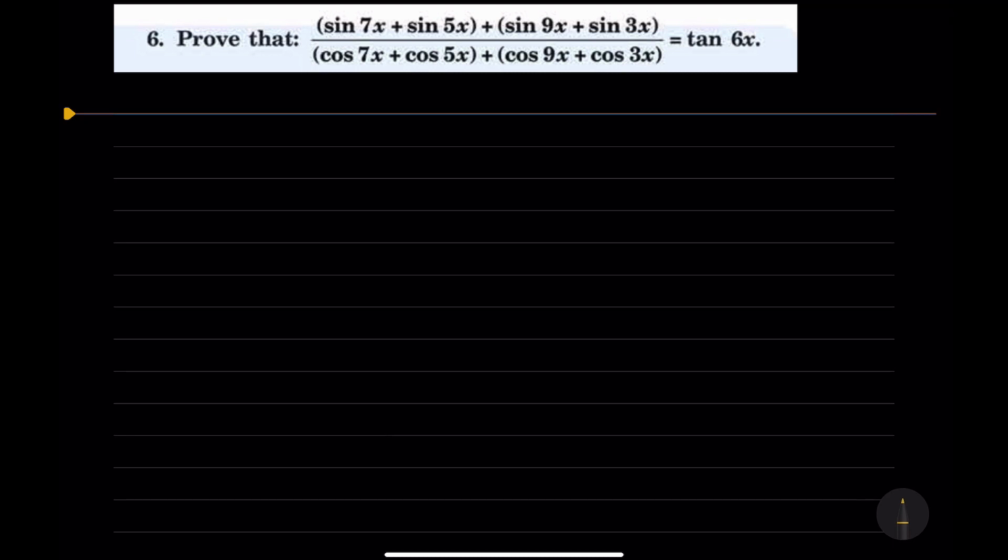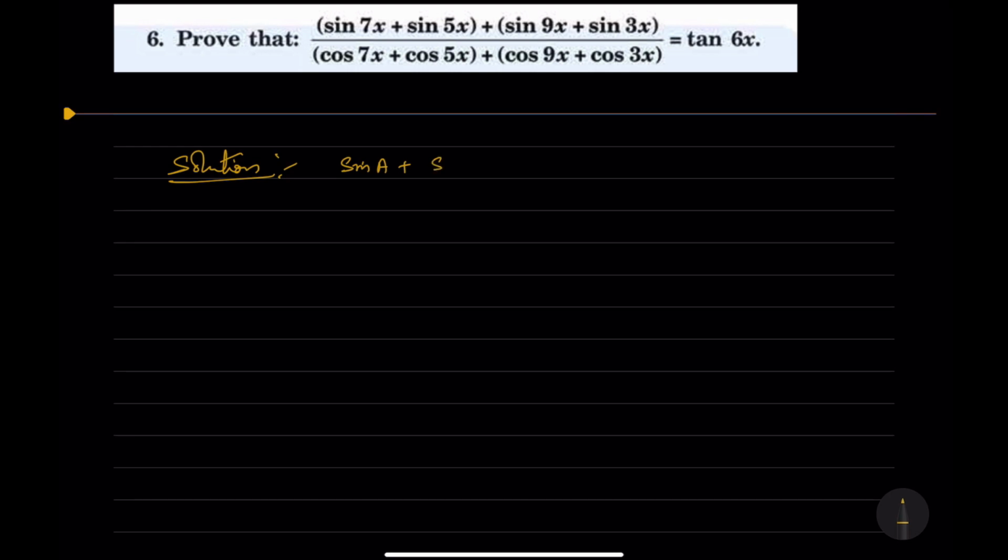So using all the formulas here, in the solution part, you're having sin a plus sin b formula and cos a plus cos b formula. First we'll write down what are those formulas.